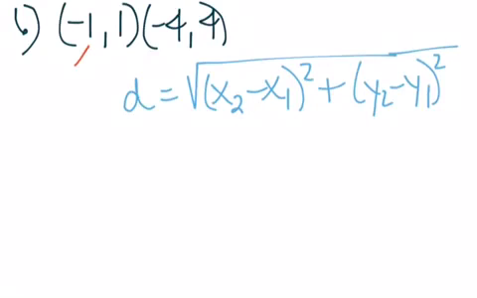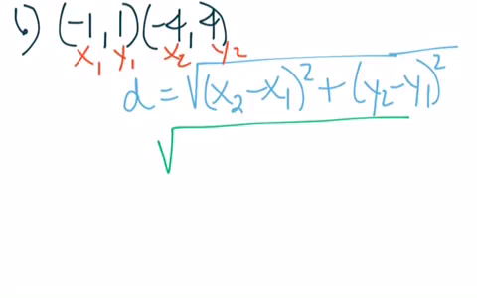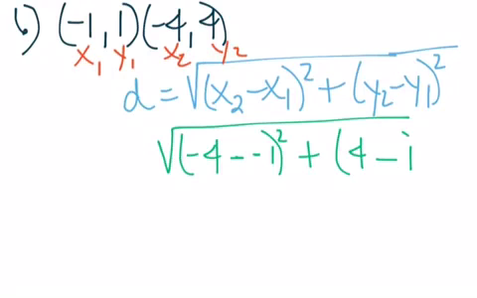So let's label our points, x1, y1, x2, y2. So then we've got the square root of negative 4 minus, because it's in the formula, minus 1 squared plus 4 minus y1 is 1 squared.